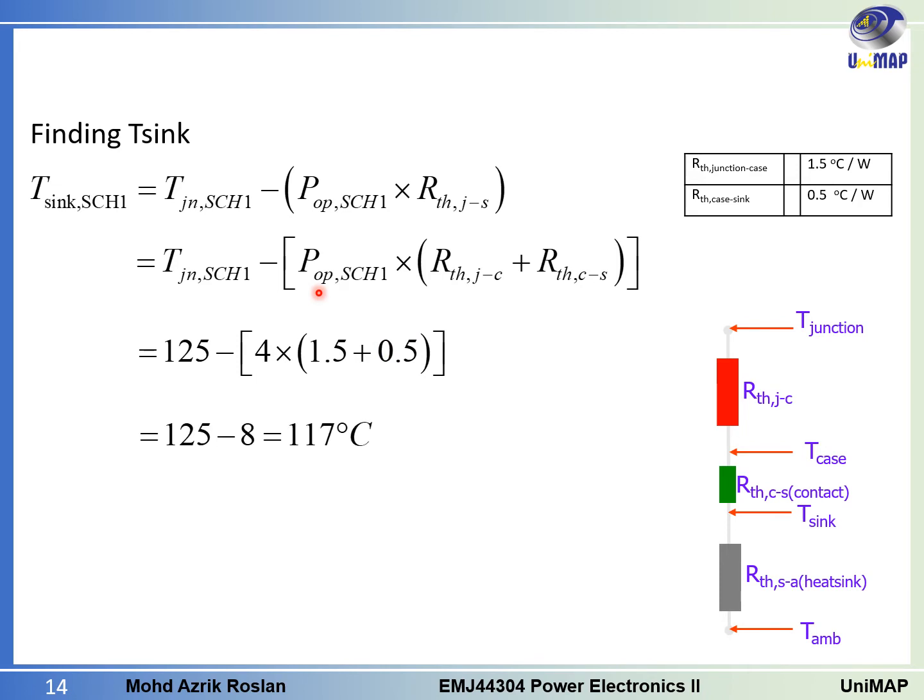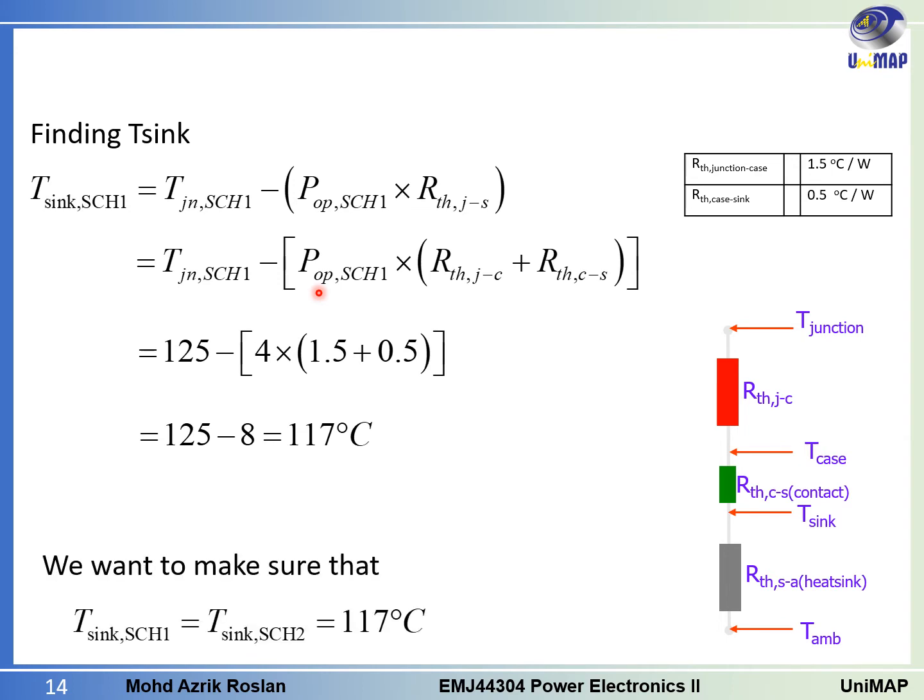When we solve this, we will get 117 degrees C. So this is the heatsink temperature. Because the heatsink will be a common temperature, T sink Schottky 1 and T sink Schottky 2 will be 117 degrees C as well.